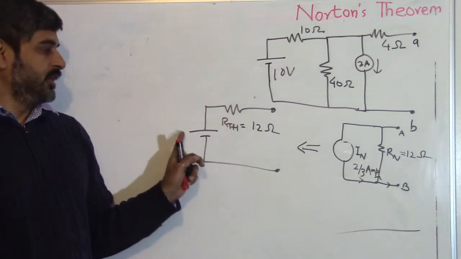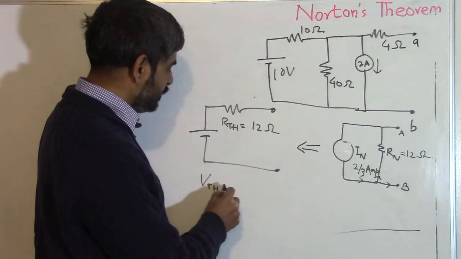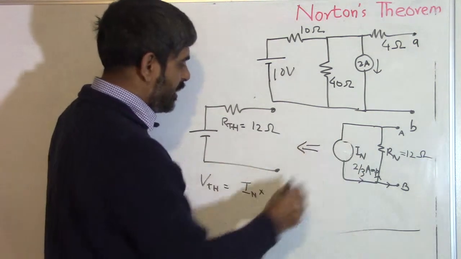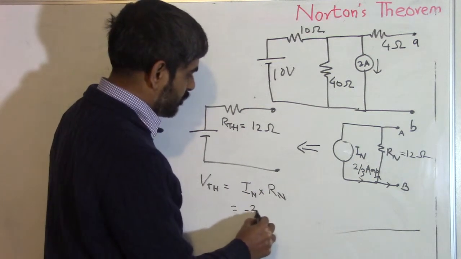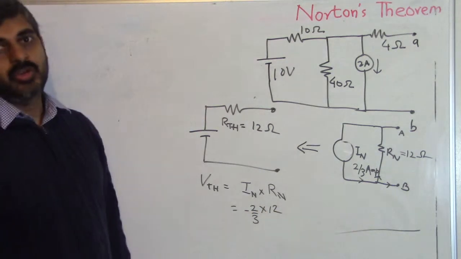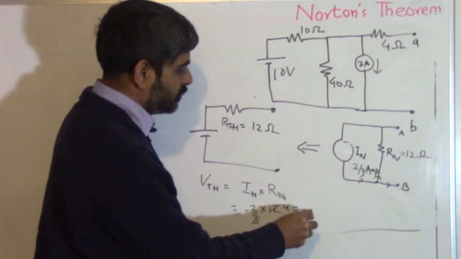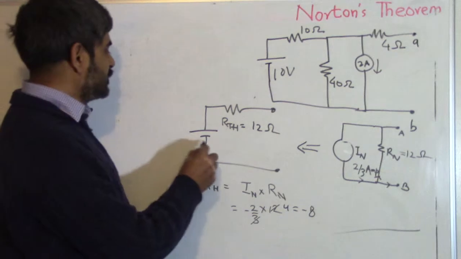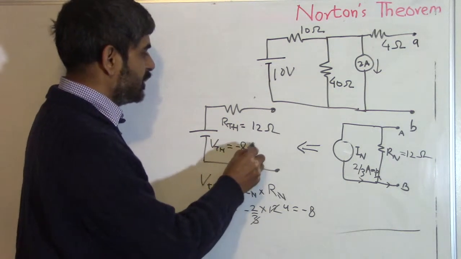And this voltage will have the value VTH equal to I Norton multiplied by R Norton. I Norton we had calculated as minus 2 by 3, R Norton was 12. 3 into 4 is 12, and 4 into 2 is minus 8. So the Thevenin circuit has VTH equal to minus 8 volt.